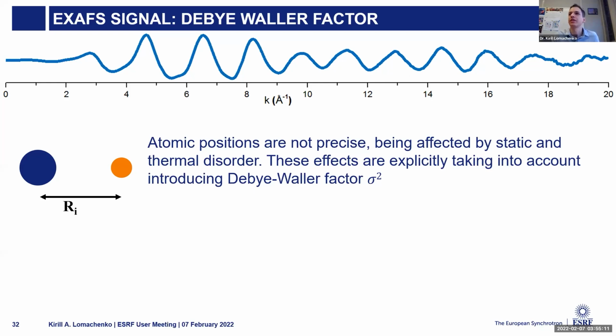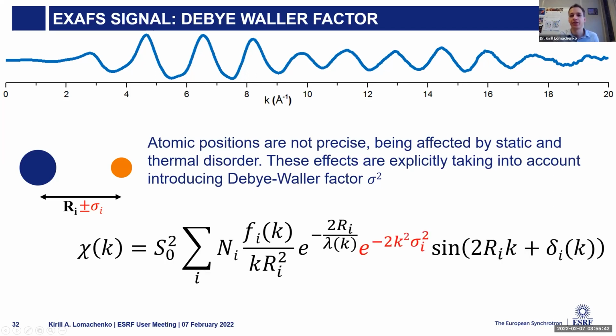Not too much, because we still call it a coordination shell, but a little bit different. And this we call static disorder, and it also contributes to an error in the determination of the interatomic distances. So this error, this imprecision, is taken into account by introducing the so-called Debye-Waller factor sigma squared into the EXAFS equation.